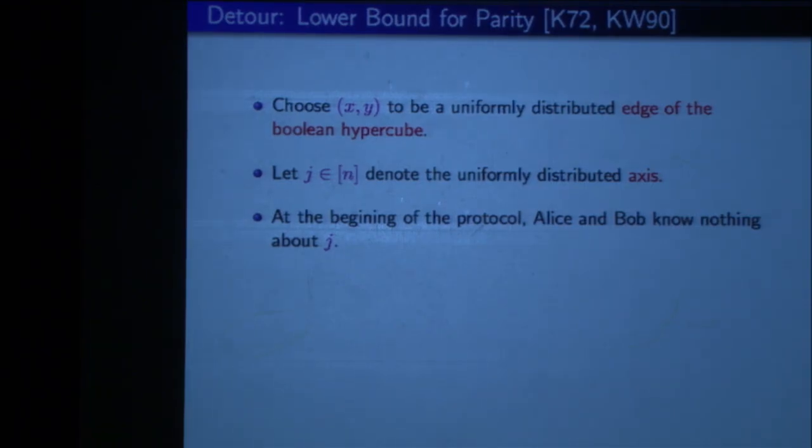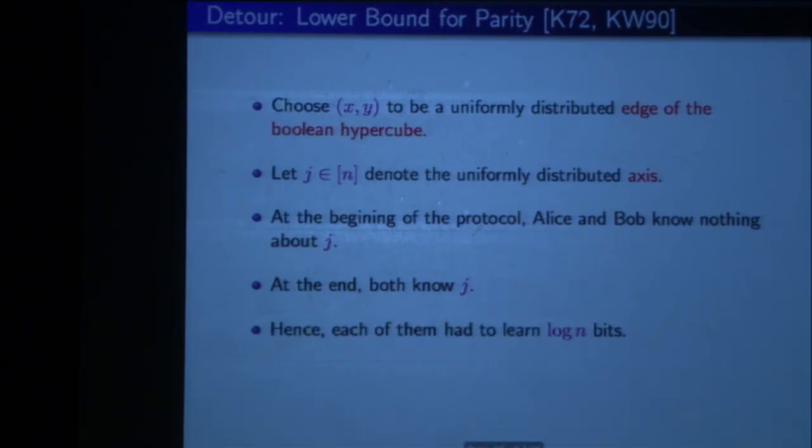At the beginning of the protocol, Alice and Bob don't know anything about J, because from their point of view, it's uniformly distributed, even conditioned just on X or conditioned just on Y. On the other hand, when they finish the protocol, we know that they both know J, because that's the goal of the protocol. So each of Alice and Bob had to learn log n bits of information in this protocol.